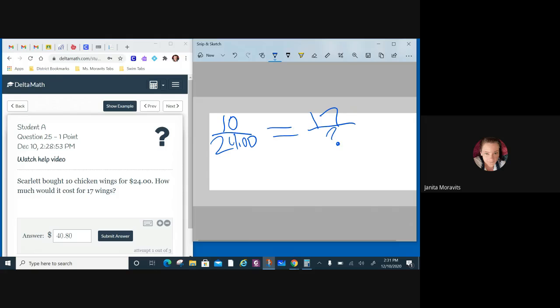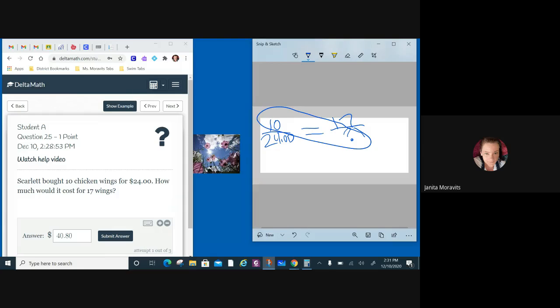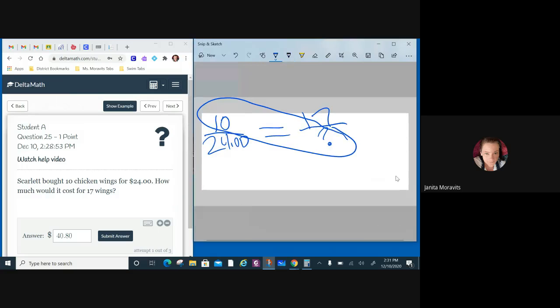So we're going to write this as a proportion or as an equation, because when we have equivalent ratios that make a proportion, you can cross multiply. Let's make this a little bit bigger again. All right, yeah, we can cross multiply.